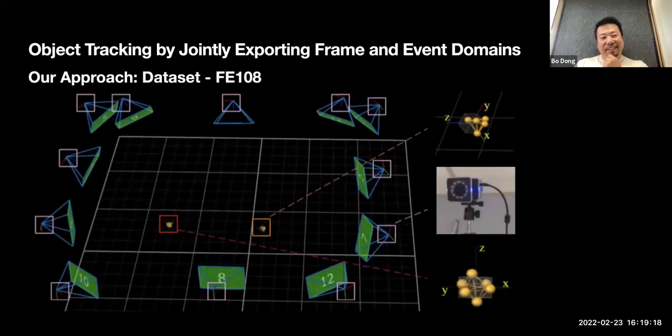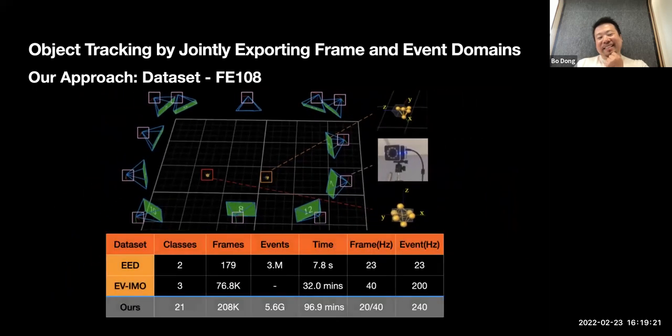Again, on the data side, the data is more challenging now because we need faster motion capturing, and we also want to include a lot of degraded conditions in order to show that the event-based camera can effectively deal with them. Luckily, at the university I'm collaborating with, we have a Vicon system, which is a motion capturing system.